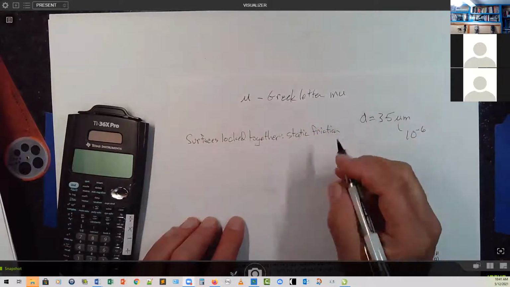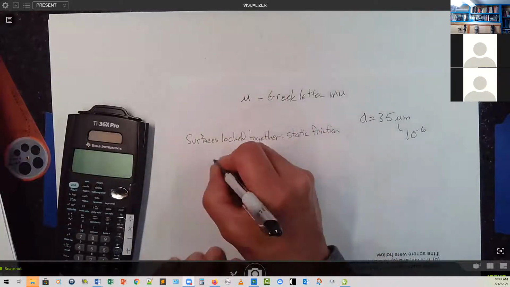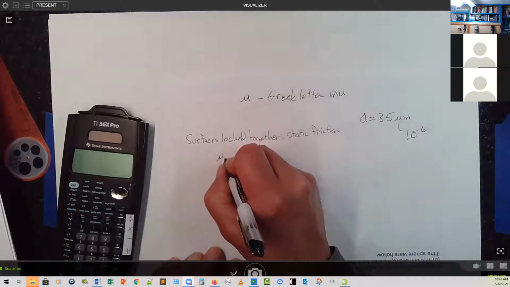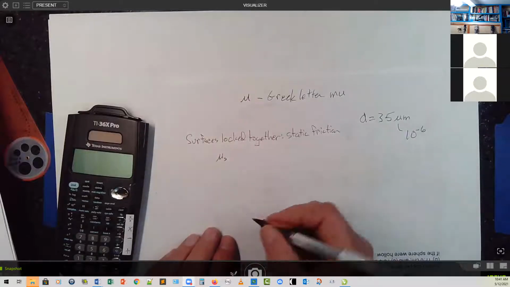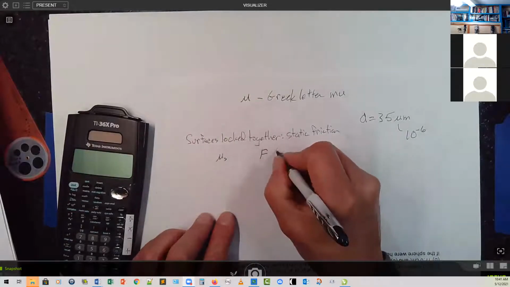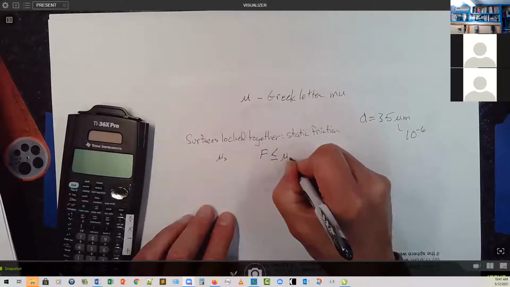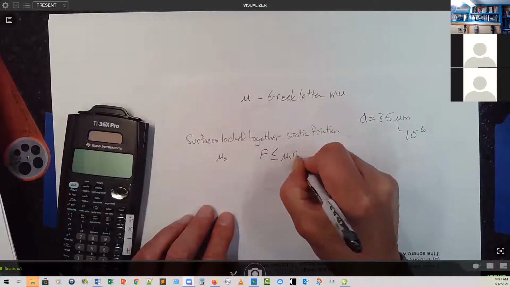For static friction, we just put a little subscript on the mu and call it mu sub s for static friction. The static frictional force is less than or equal to mu sub s times the normal force.